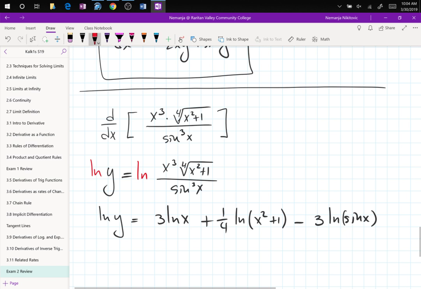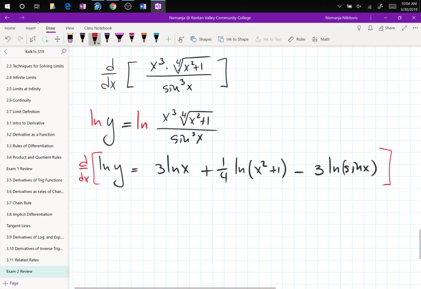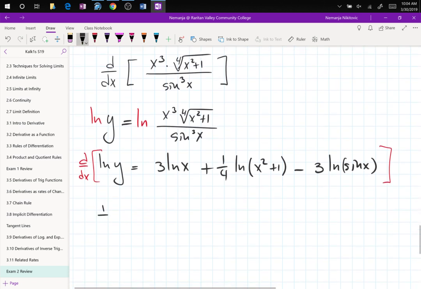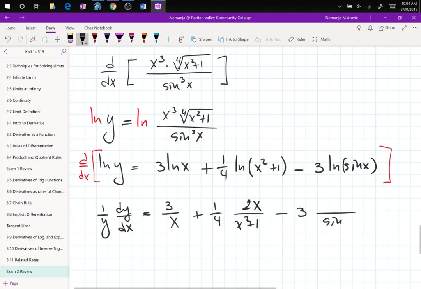And now when you differentiate in respect to x, it becomes a joke. So 1 over y dy dx is equal to 3 over x plus 1/4. You put the function down, remember, right? And its derivative on top, minus 3 times sine x, and the cosine x goes on top.